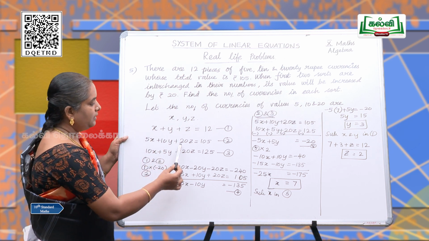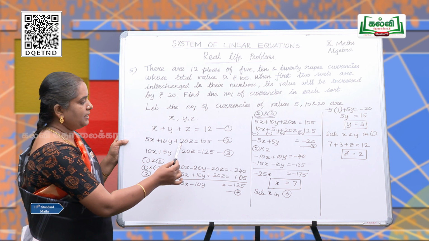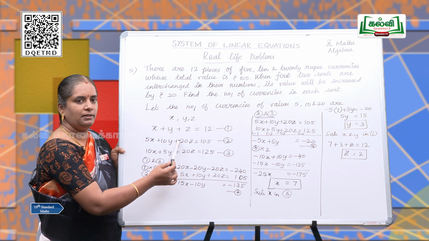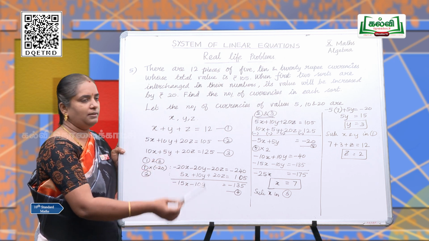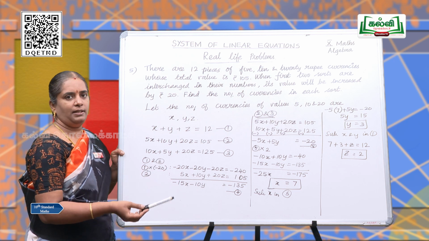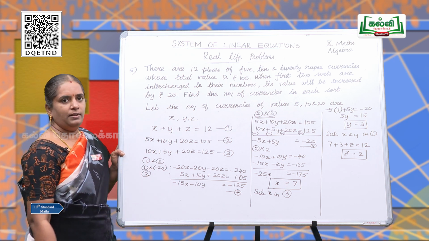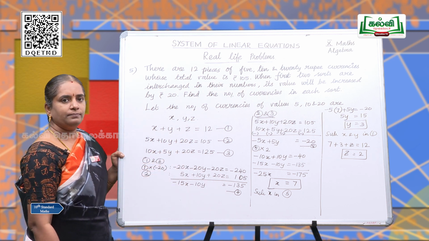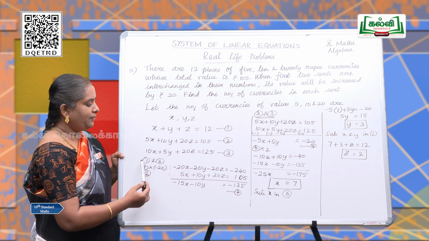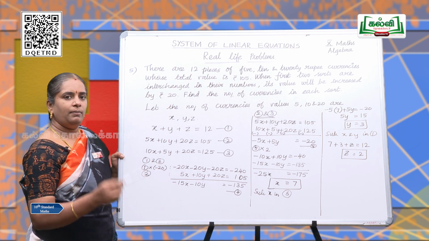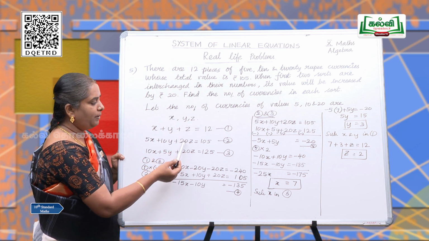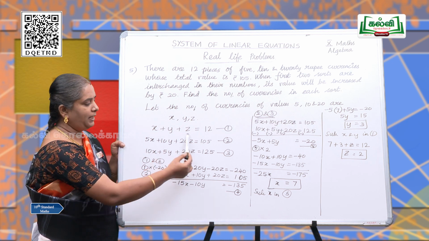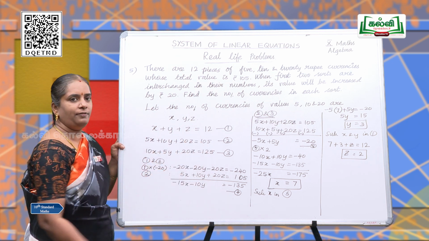In all these equations, it is easier to eliminate z, because z has the same coefficient in the second and third equations. We will eliminate z from the first and the second. To get the same coefficient, we multiply the first equation by minus 20, so that by adding we cancel.